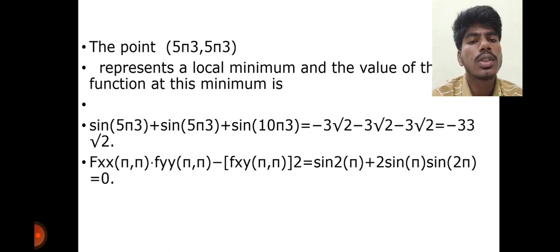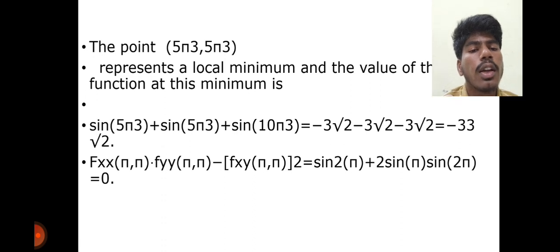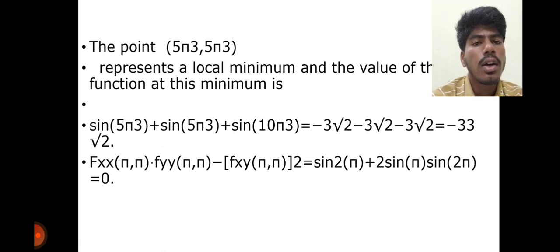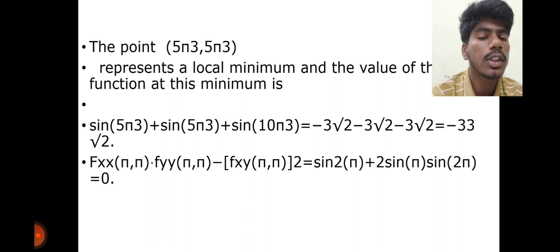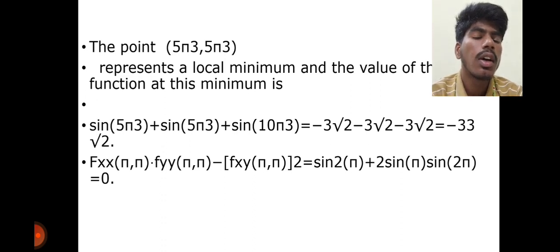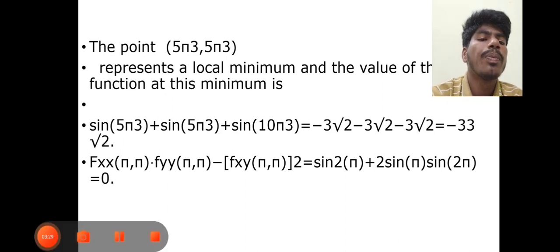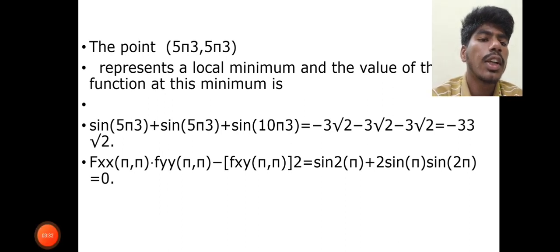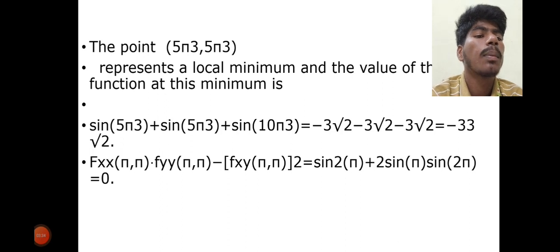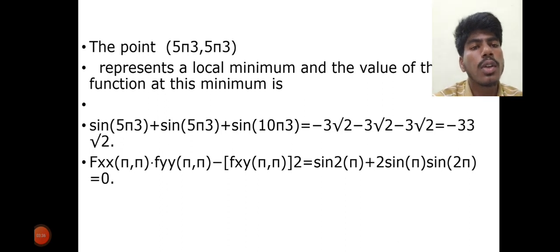So f double integration with respect to the function, we have double integration of x and double integration of y with respect to the stationary points n comma n minus f of x integration with respect to y at the stationary points n comma n into 2 is equal to sin 2 pi plus 2 sin pi into sin 2 pi, that equal to 0.